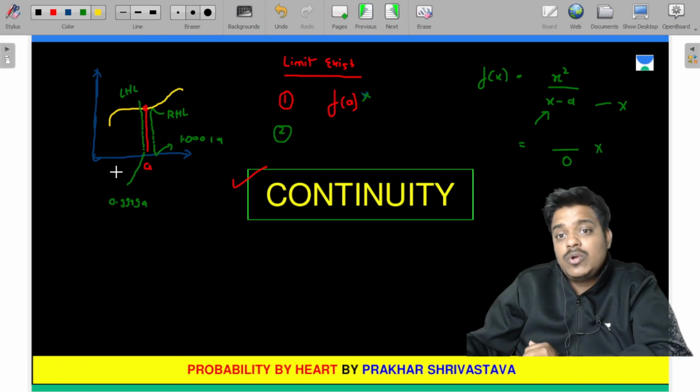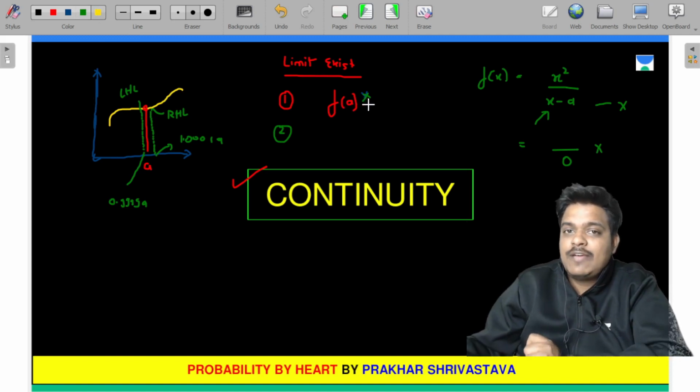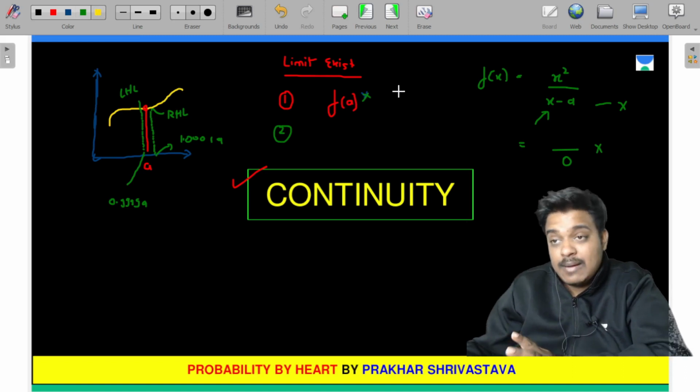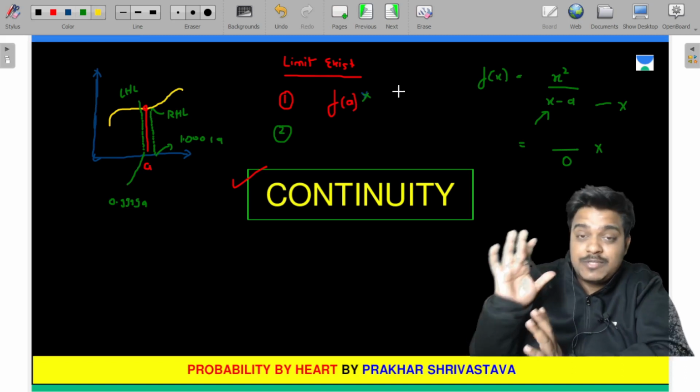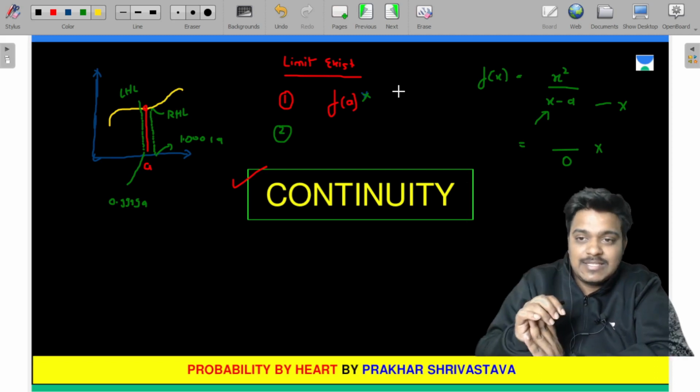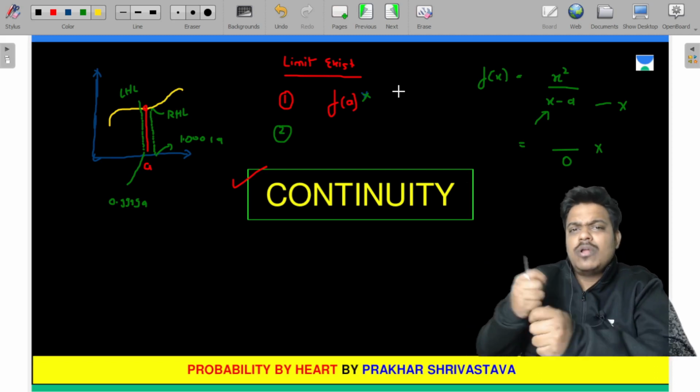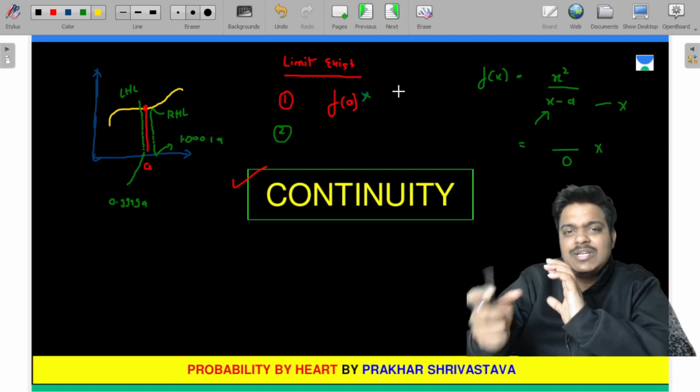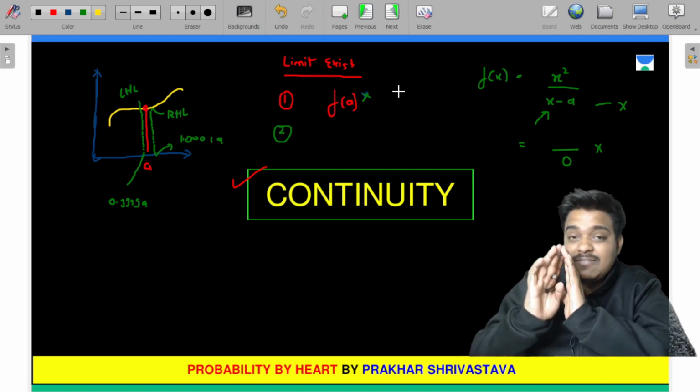Now if you want to know whether the limit exists or not, first of all you will calculate f of a. If f of a comes out directly by direct substitution of a, it means the limit exists. Secondly, you try to solve it using factorization, rationalization, L'Hospital rule. We have seen everything.